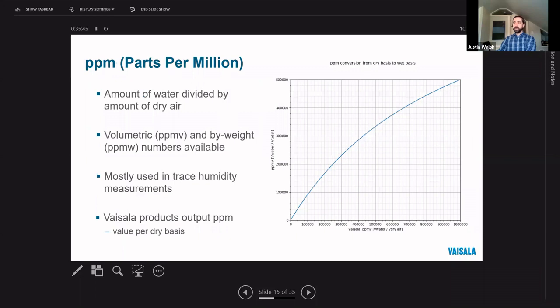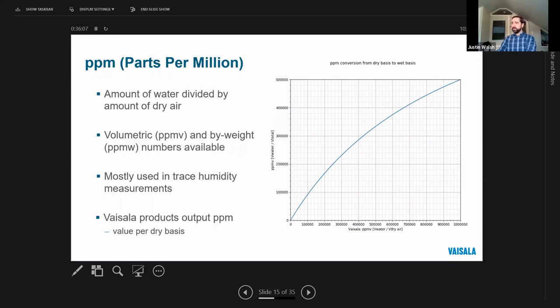Now, most of you are familiar with parts per million. It's used most often in liquid measurements, but is also relevant in the fluid of air and gases. It can be characterized by volume or weight, with volume being the more common. This calculation is not linear, however, and depends on the comparison between the total gas components or the dry gas components.